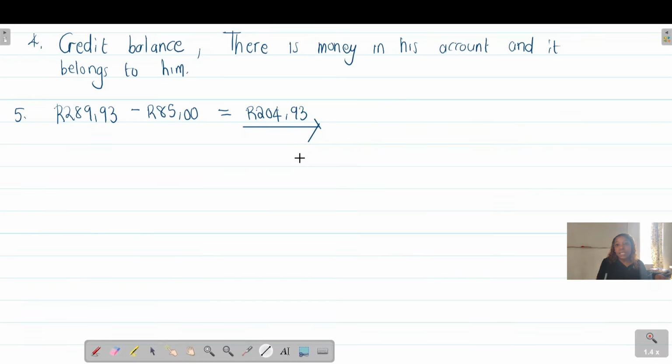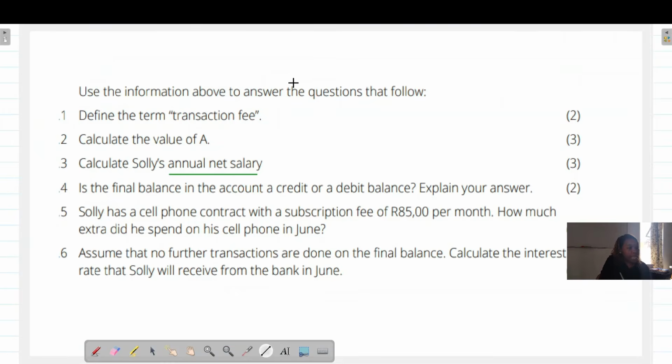So that is why he didn't pay 85 Rand, because he basically spent more on it. Okay, let's go on to question 6. Assume that no further transactions are done on the final balance. Calculate the interest rate that Solly will receive from the bank in June.